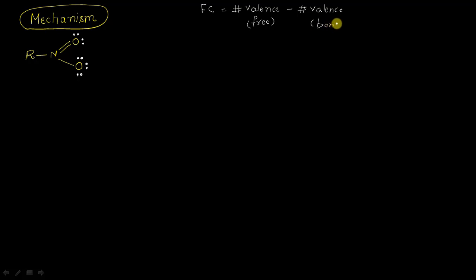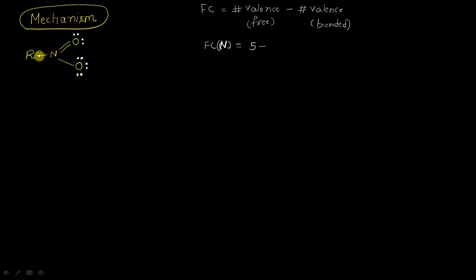So if I want to calculate the formal charge on this nitrogen, the double bonded oxygen, and this single bonded oxygen atom, I can simply write here: the formal charge for the nitrogen atom will be given by what? The number of valence electrons in the free nitrogen atom is 5, minus the number of valence electrons in the bonded nitrogen atom.